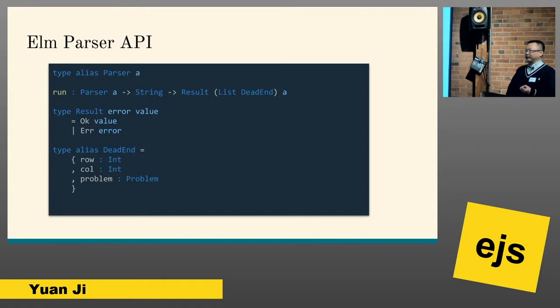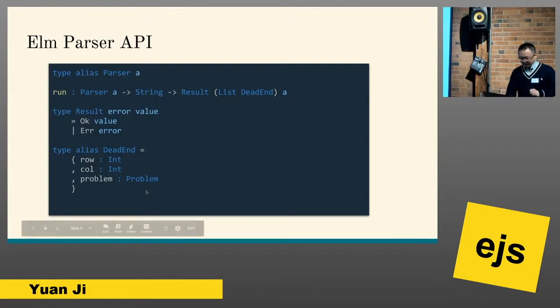I assume that you can read Elm code. If you feel intimidated by those APIs, so different from JavaScript, it's okay. It doesn't matter, just follow along. I'll show you how Elm handles difficult parsing problems.